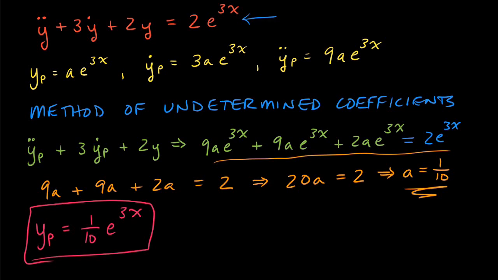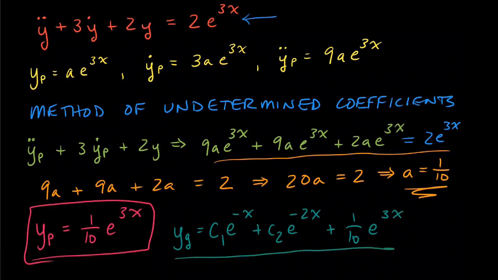So I'm just going to write that our general solution, y sub g, is going to be, if you recall, the homogeneous solution C1 e to the negative x plus C2 e to the negative 2x, and then now we're going to add this particular solution, so we're going to have plus 1/10 e to the plus 3x. Okay, so this is the general solution to the second order equation given at the top.